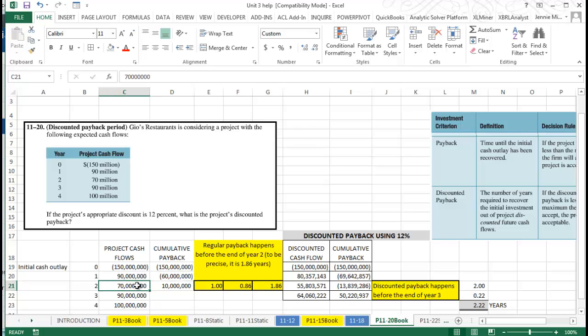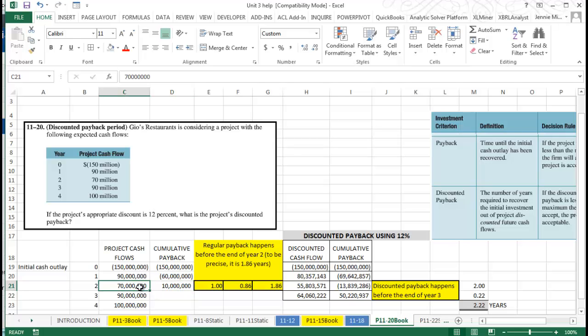And then in year 2 we have 70 million come in, and you'll notice that we've now actually paid back that initial cash outlay. And because we have an amount of money left here, that tells me that we have essentially paid it back before the end of the year.